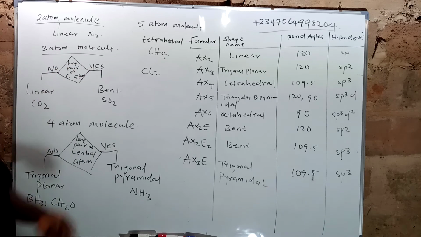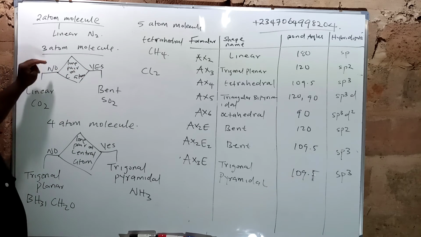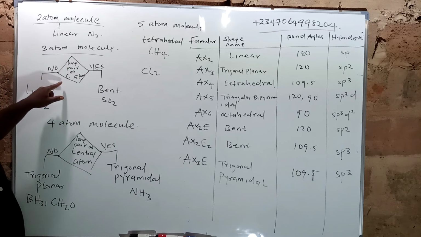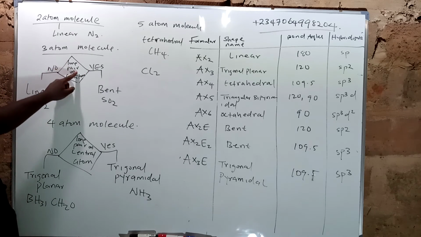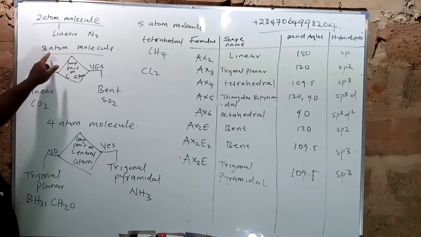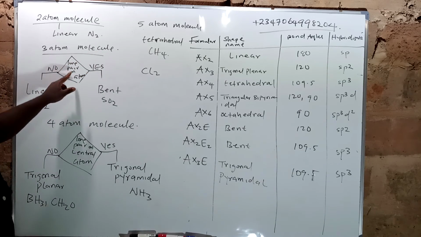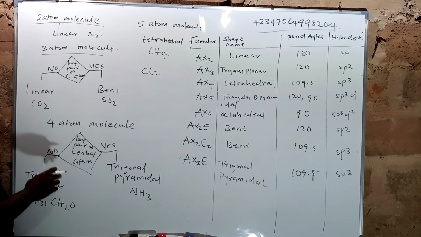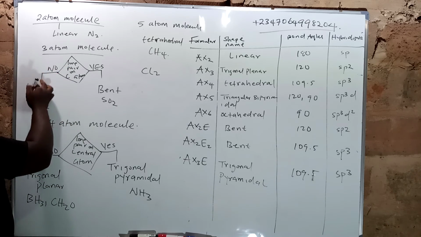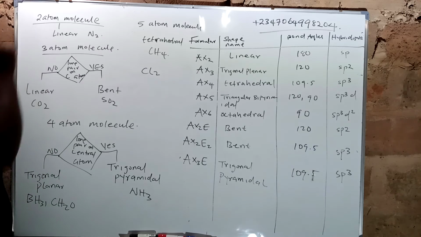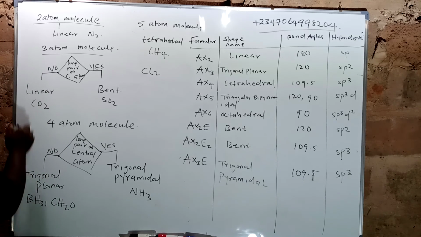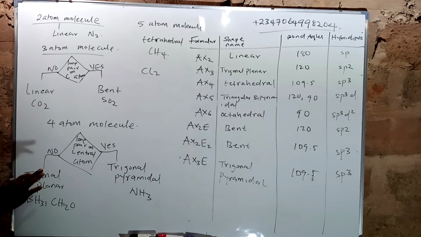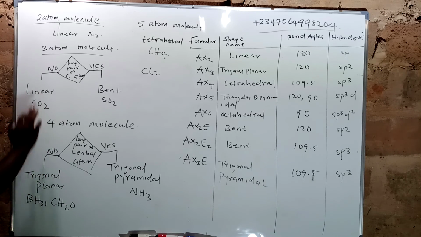Now, whenever you have a 3 atom molecule, and look at this, this square here is a lone pair on the central atom. If there is no lone pair on the central atom, the shape must be linear. Example is CO2. If you write the Lewis structure of CO2, it doesn't have a lone pair on the central atom, so the shape is linear.